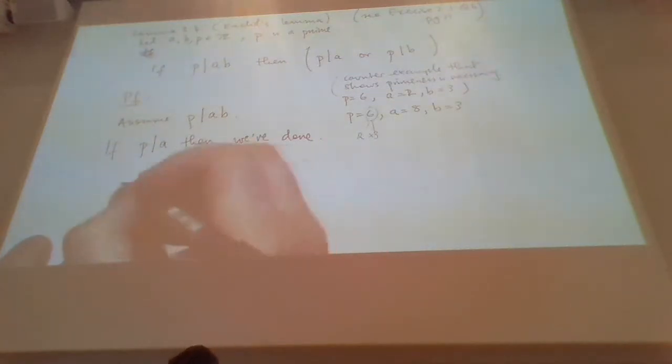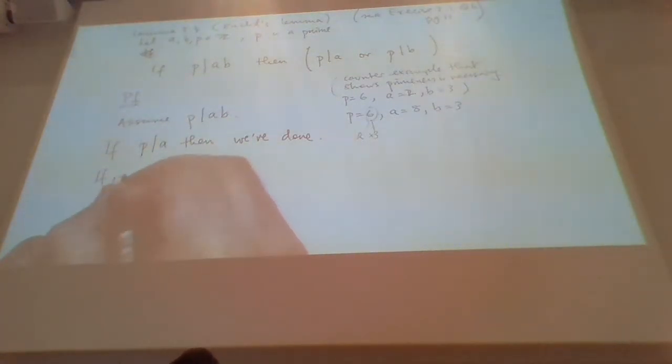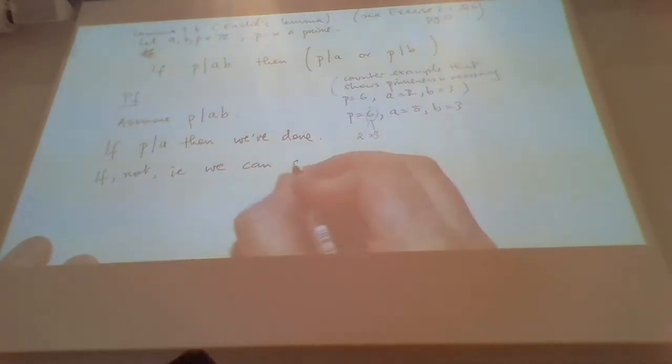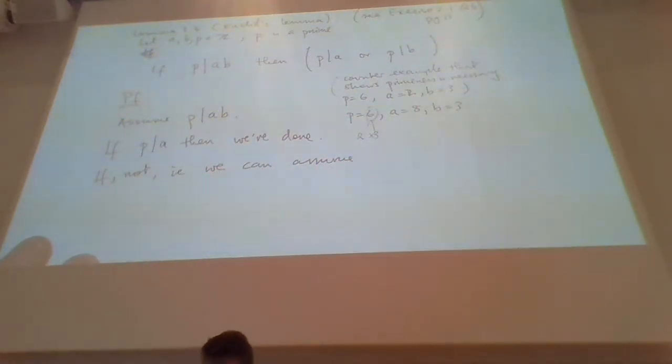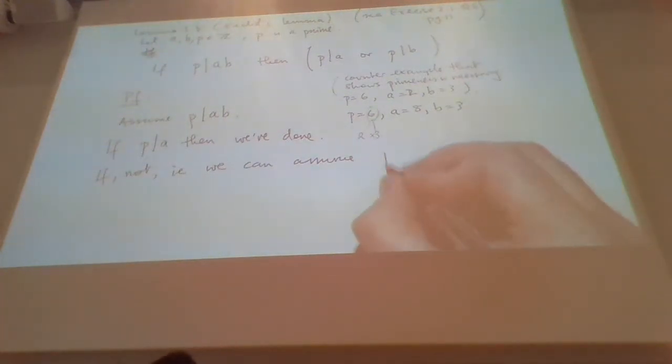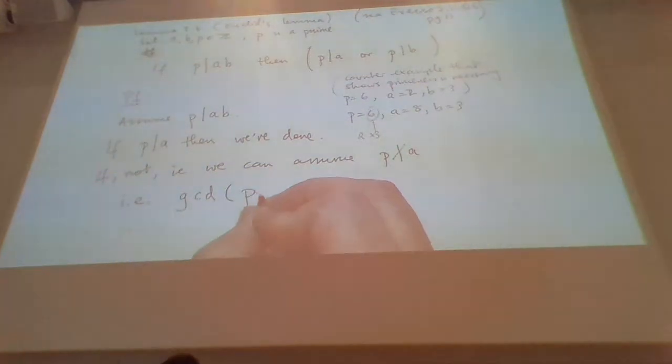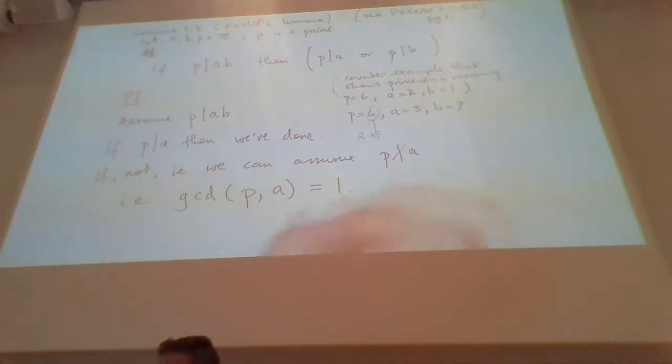So that actually provides us with extra ammunition. Because if we assume that P does not divide A, basically what we're saying is that the greatest common divisor of P and A is 1.